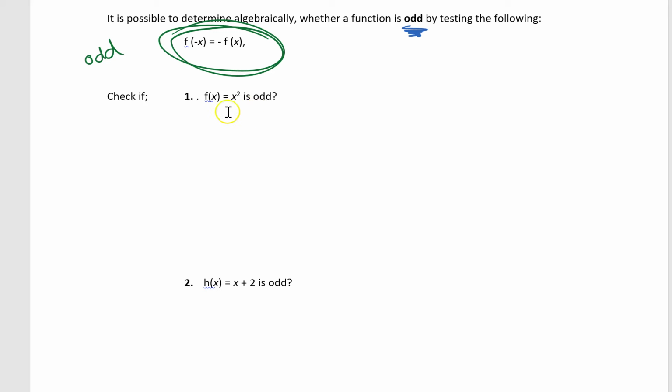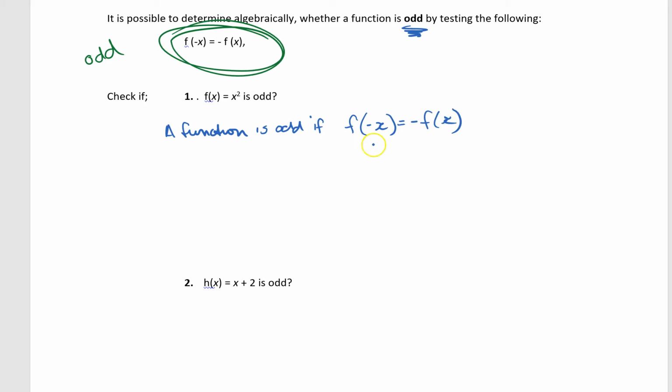Okay, so back here, is this function odd? Well, we start our answer. A function is odd if f of minus x is equal to minus f of x.